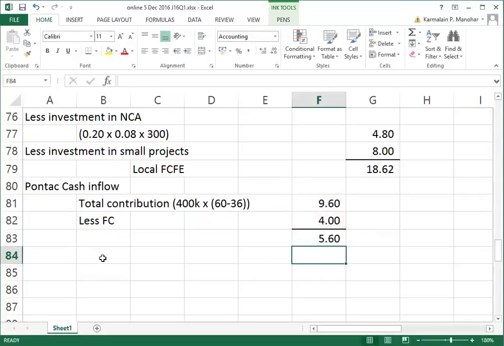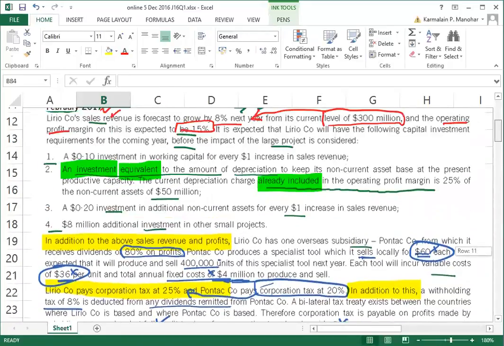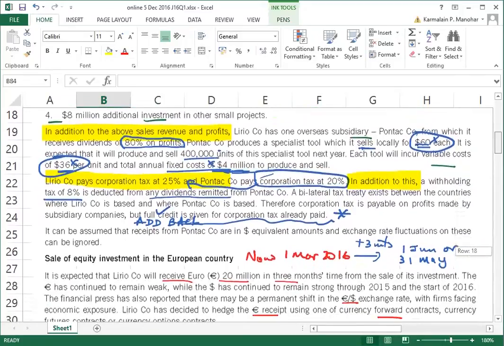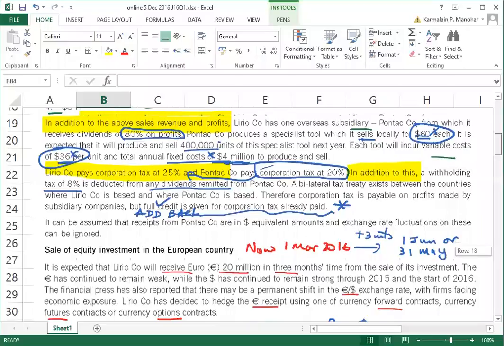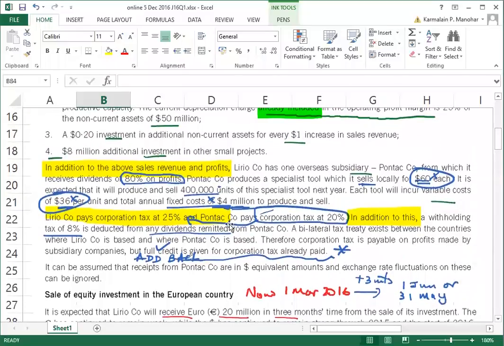Right, what next? From here, tax and withholding. Anything else? No, we netted off. We got the fixed costs. We had to deal with the tax and the withholding. So when would the dividend be paid? Before or after the tax?